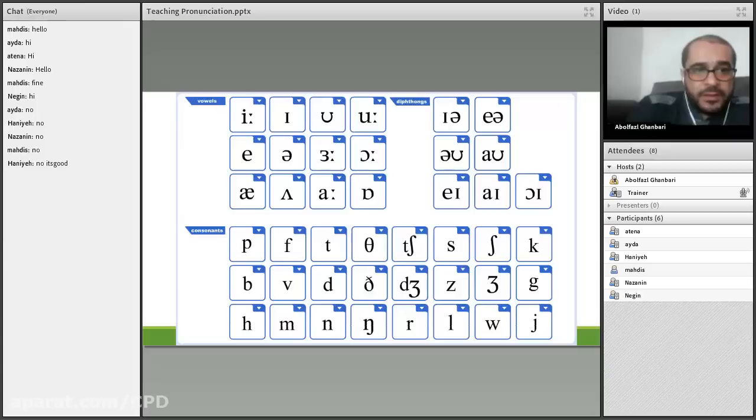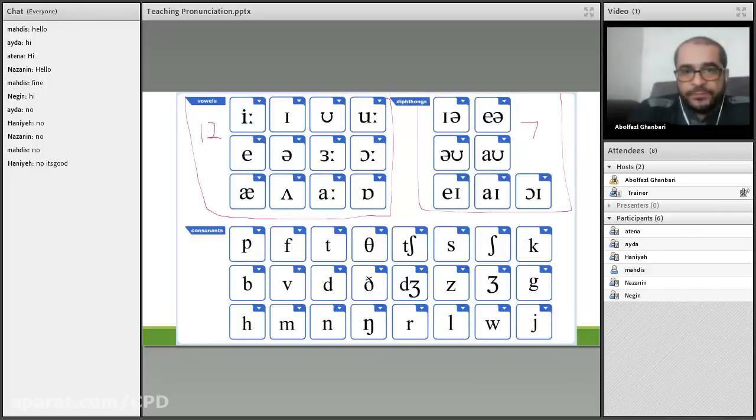The above part here shows the vowels. We have 12 vowels here, 7 diphthongs, and 24 consonants.